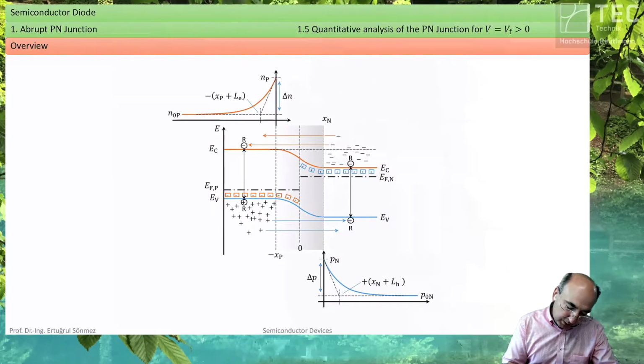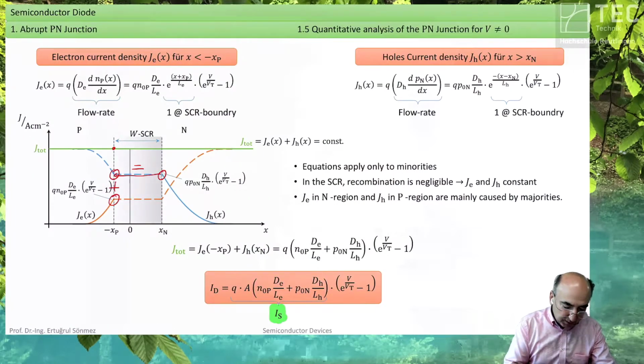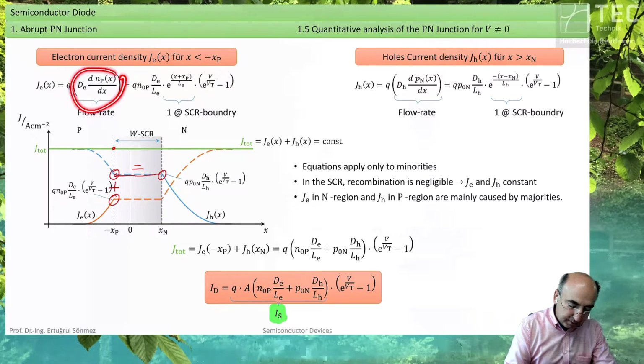So if you have this slope, you have a certain flow rate, and this flow rate is given by this equation. The flow rate is defined by the slope times the diffusion coefficient.